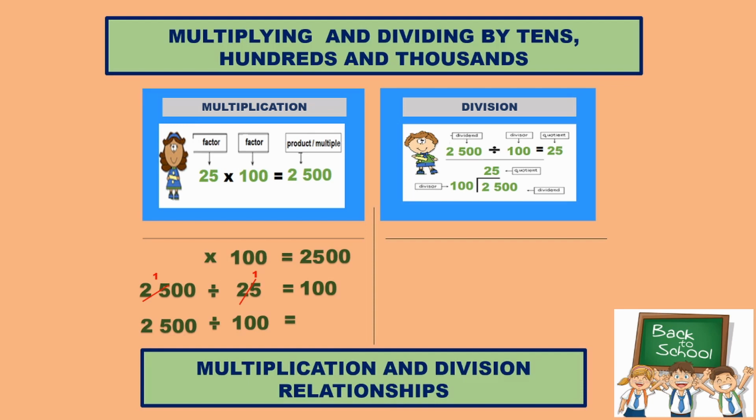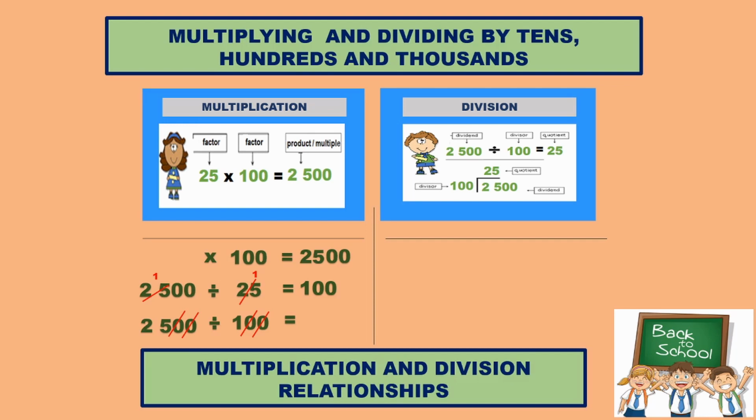How many zeros in the divisor? The divisor has two zeros. So that means you can also cancel two zeros in the dividend. 1, 2 in the divisor, then also cancel 1, 2 in the dividend.